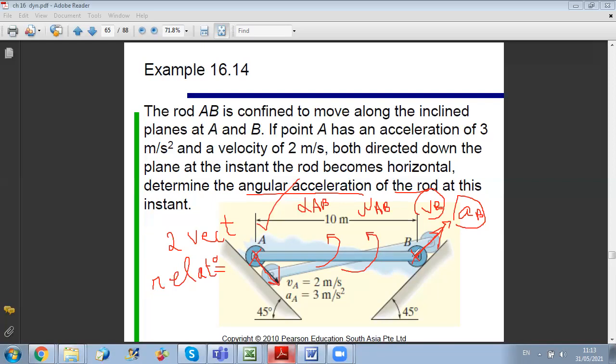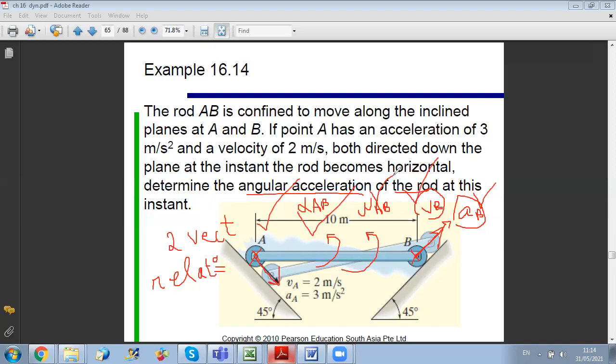When we write the relation of velocities, the unknowns that we will calculate are VB and omega AB. And when we write the relation between acceleration of A and acceleration of B, the 2 unknowns we will calculate are magnitude of AB and alpha AB. In this way, we will be able to solve for our 4 unknowns.